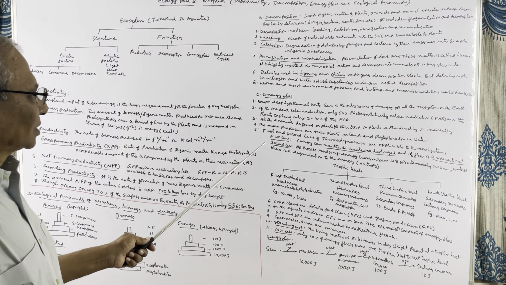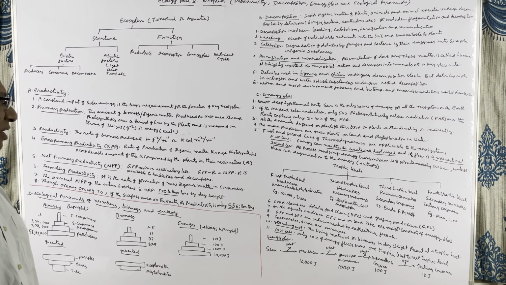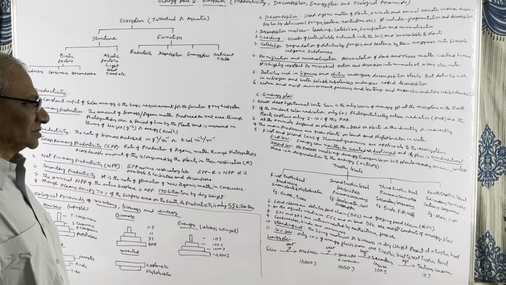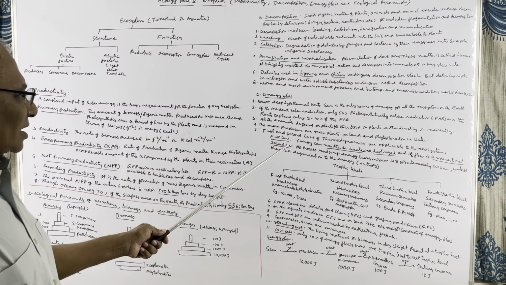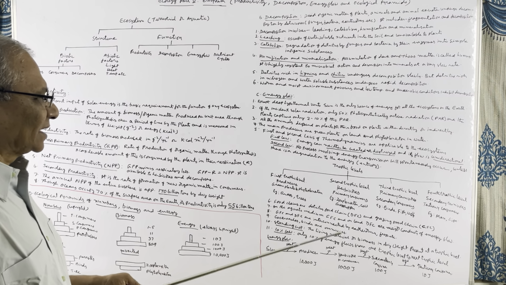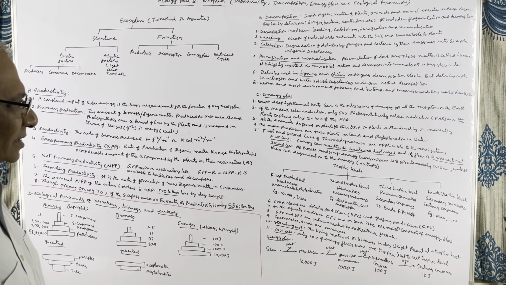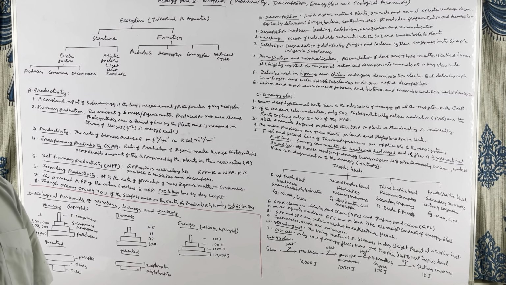Then, the energy flow through the ecosystem also follows the laws of thermodynamics, the first two laws of thermodynamics. The first law of thermodynamics states that energy can neither be created nor destroyed, and its flow is unidirectional.